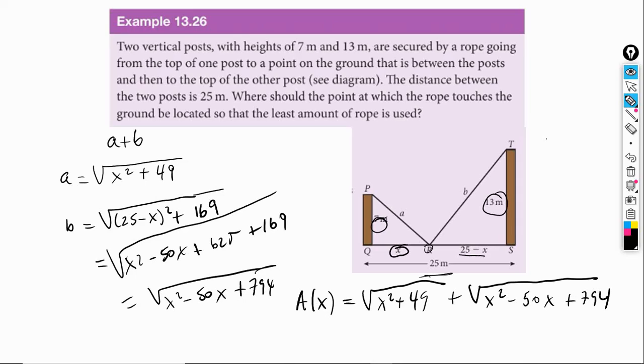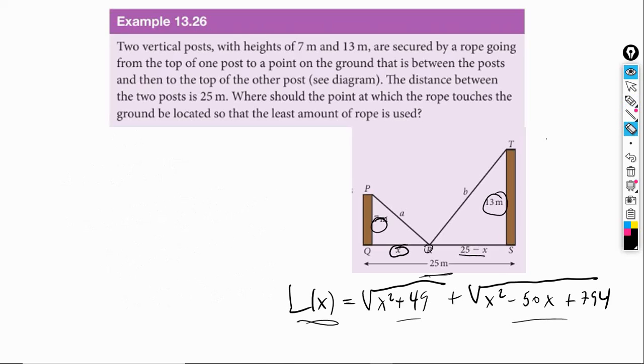Okay, so we need to differentiate this here, right? We need to differentiate the area in order to find, oh, this is not an area, this is a length, excuse me. So let's erase A. It's a length L. So L, we need to find the minimum for L, right? The length that is obtained from adding A and B.